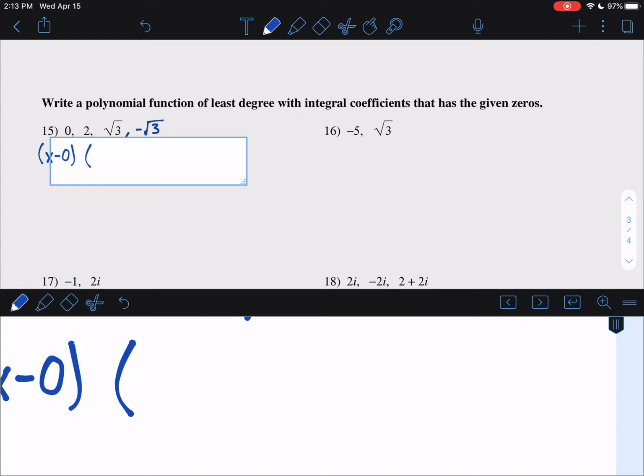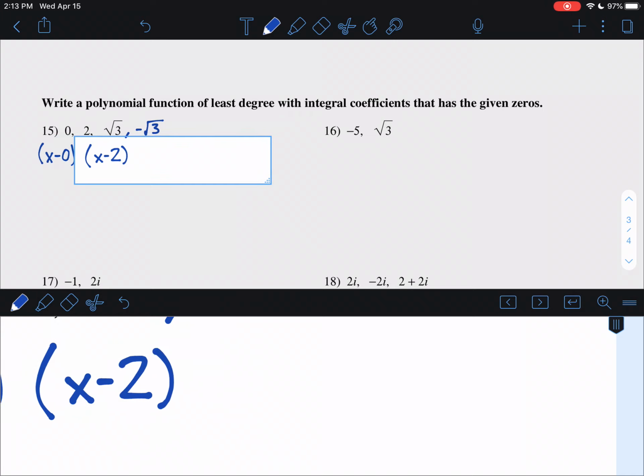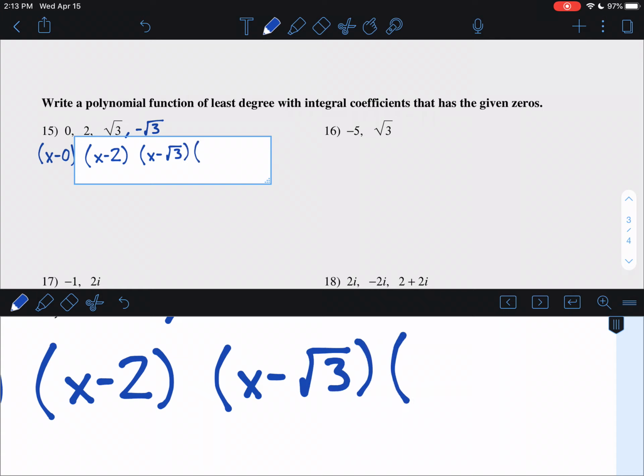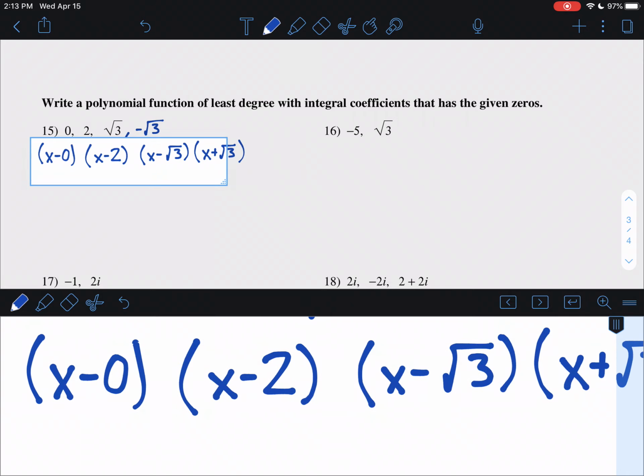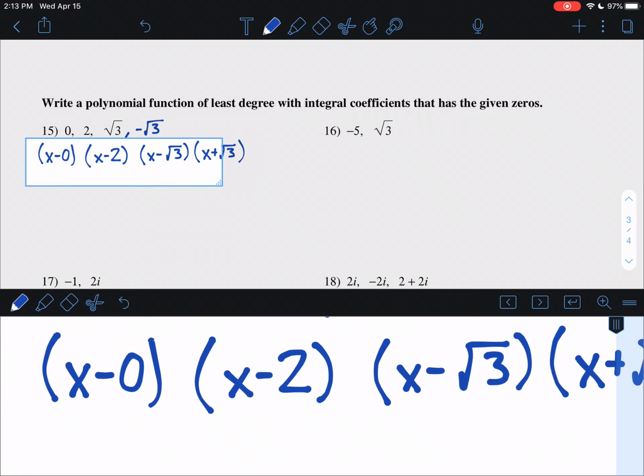So I had x minus 2 is one of the roots, because if x equals 2, subtract 2 from both sides, x minus 2 equals 0. Next, I'm going to have x minus square root of 3, and then x plus square root of 3. So these are 4 factors. This is factored form of the polynomial. What I want to do is write it in standard form.